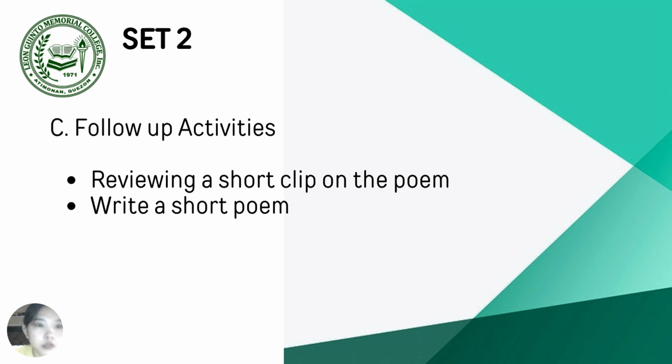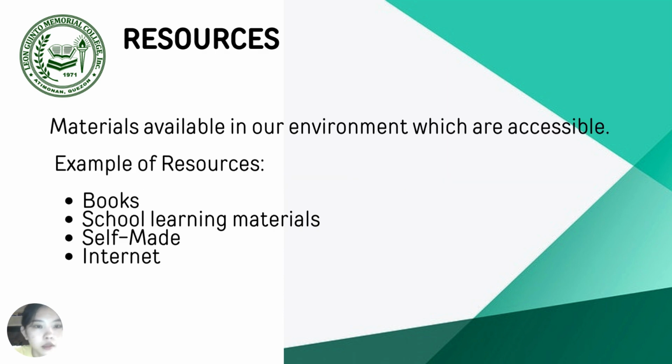And then follow-up activities, reviewing a short clip of the poem or write a short poem. Then the resources. Just like what I mentioned earlier, materials available which are accessible. Another example is books, school learning materials, self-made, and internet.